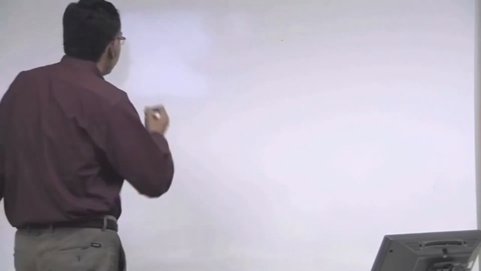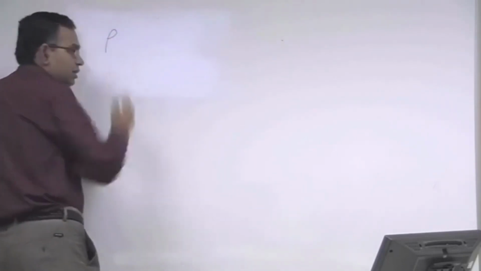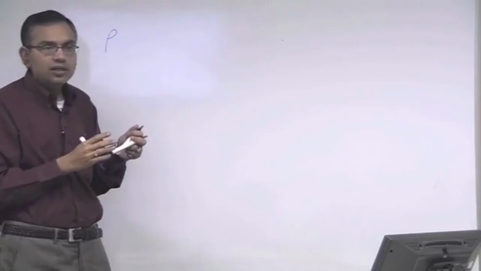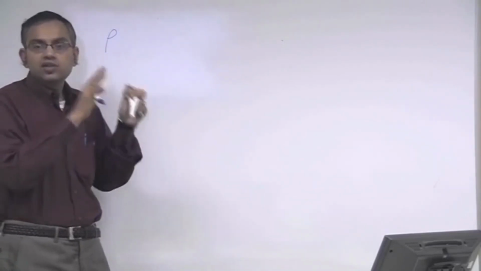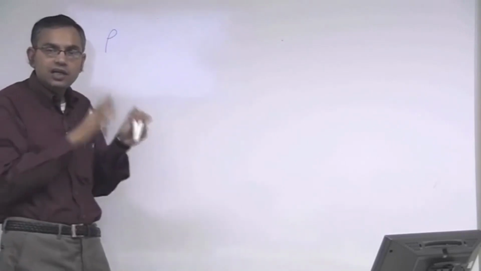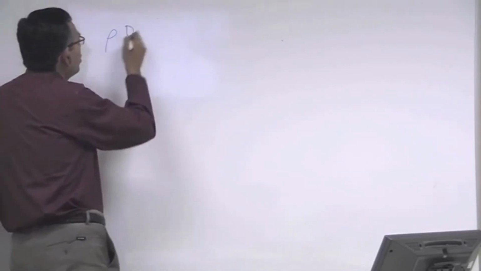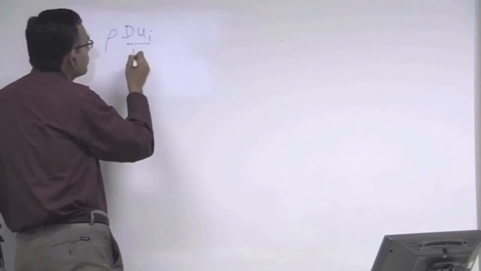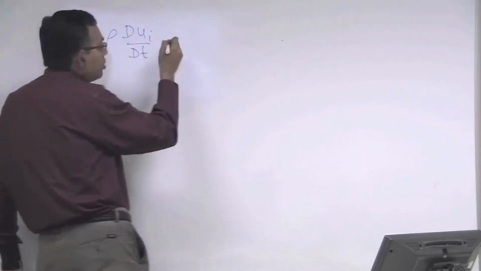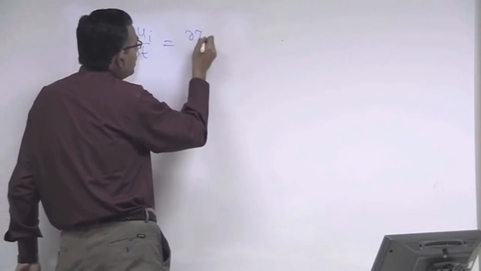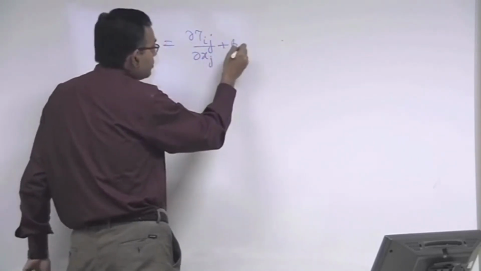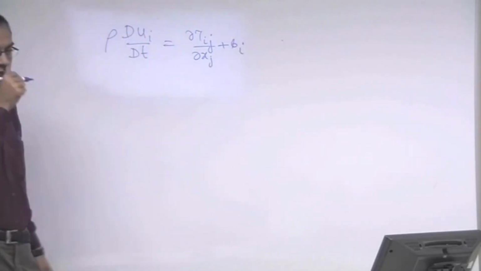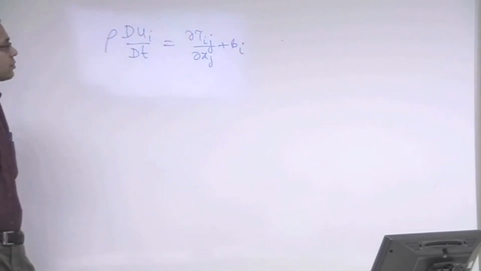So, to get the kinetic energy equation, we start with the Navier's equation. At this stage we do not give a specific emphasis to whether the fluid is Newtonian, Stokesian, all those things. We start with the general equation of motion. So, we have rho dui/dt equal to del tau ij/del xj plus bi. Okay.